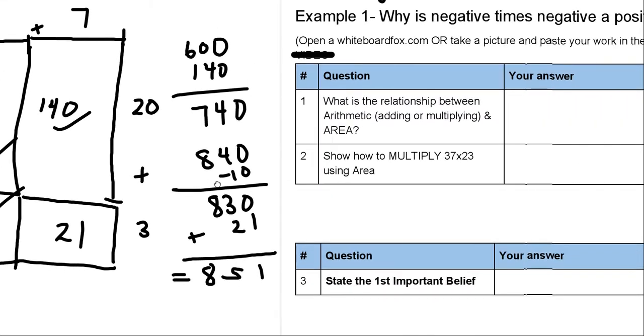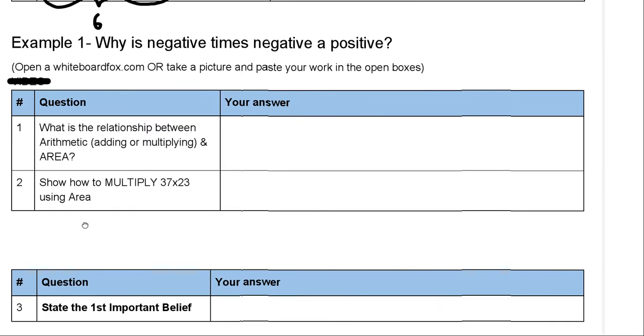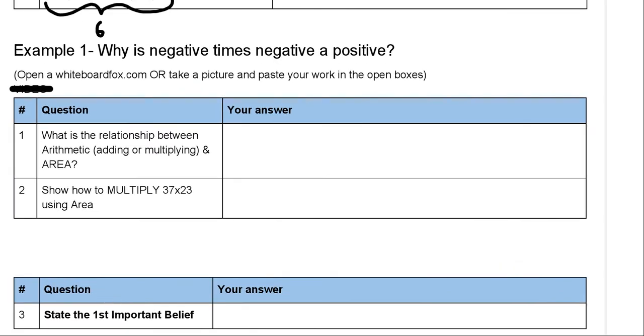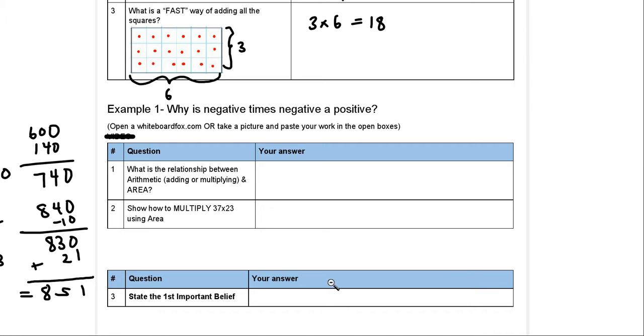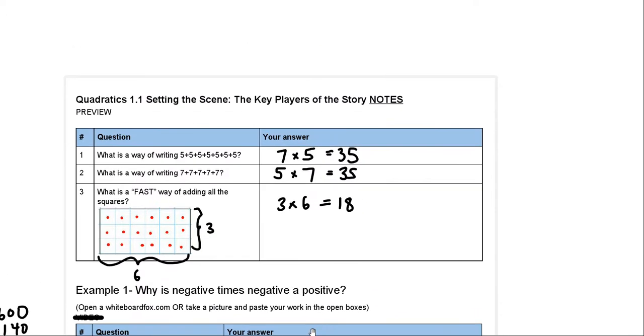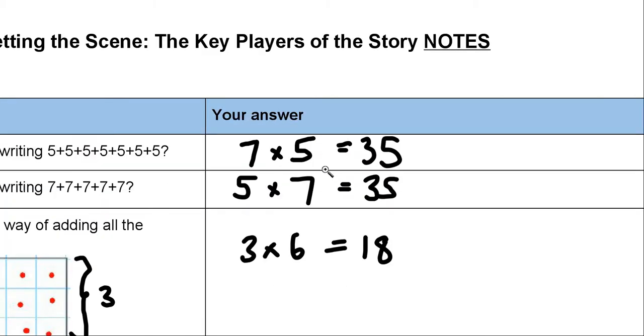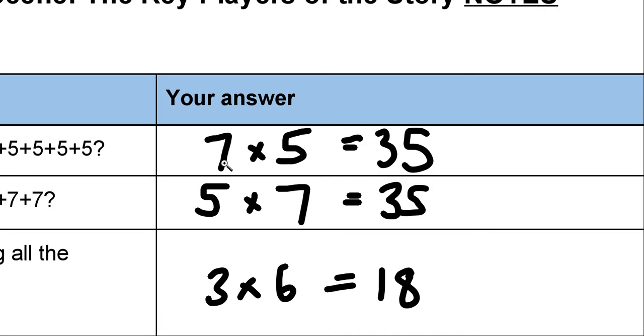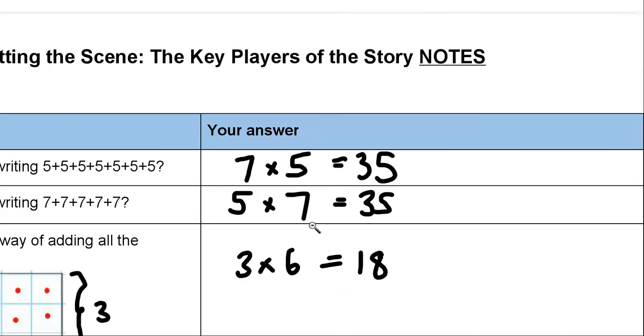Now, what was important about the first belief, this one comes from the very first box above. Look at this. It's going to be fairly obvious that if we have one number, 7 times 5 is 35, but if we do it like this, 5 times 7 is also 35, well, that means they're both the same no matter which way we write them.